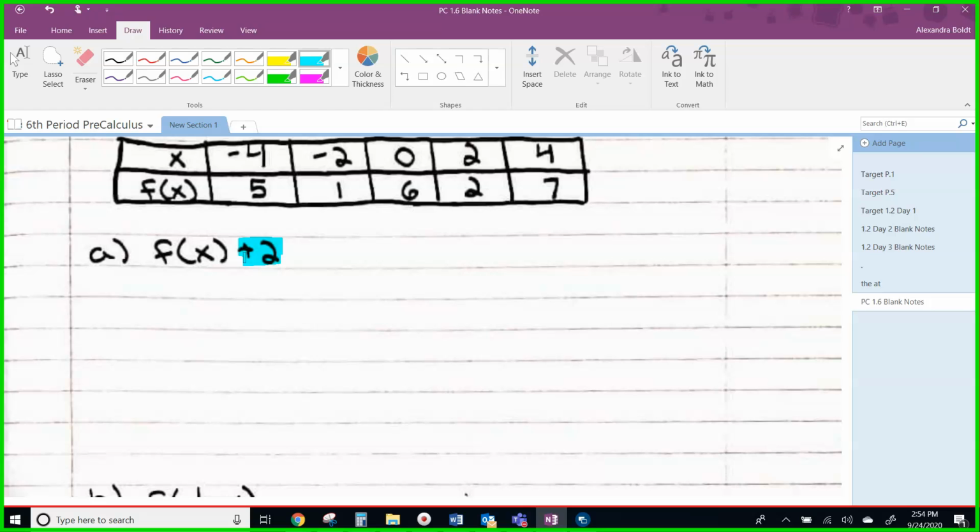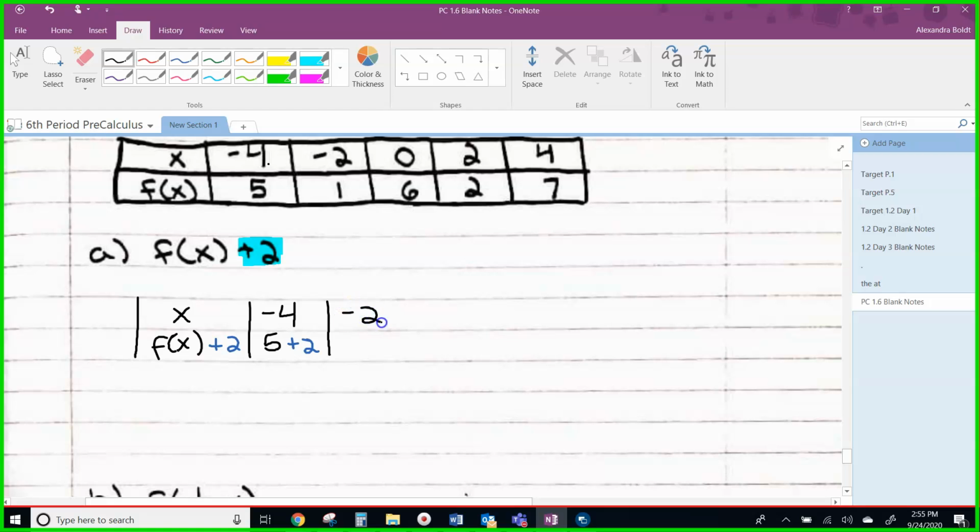So basically our x is going to stay exactly the same, and our f of x is going to get plus 2. So when we take each of our points, my x doesn't change at all. My y gets plus 2. And I do that for every single point.